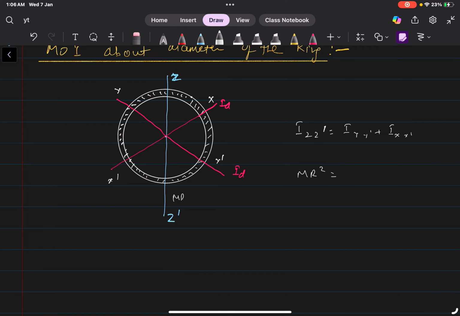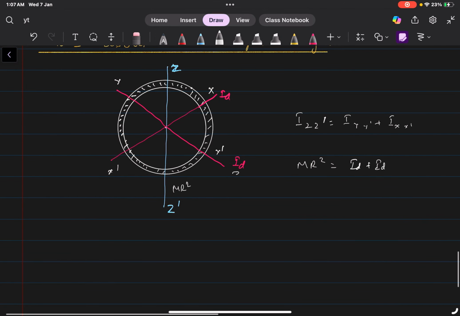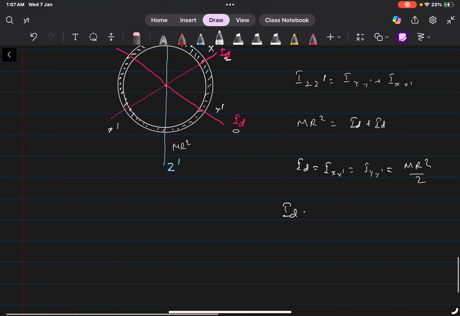This is m r square, and this is I d plus I d. So I d is equal to I x x dash is equal to I y y dash, that is equal to m r square by 2. So at the diameter, the moment of inertia of the ring will be m r square by 2, and this formula is very very important.